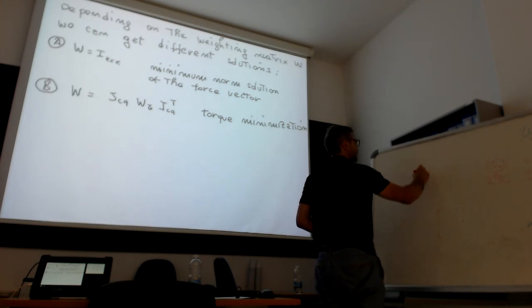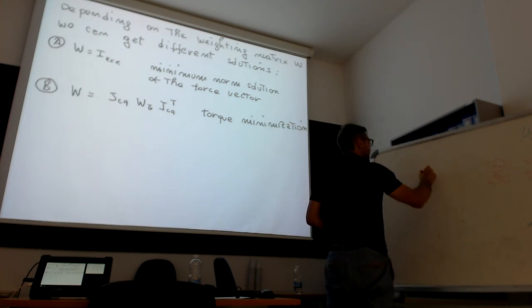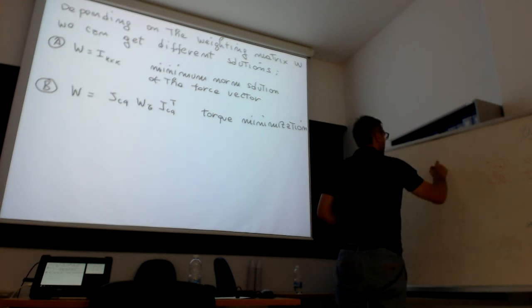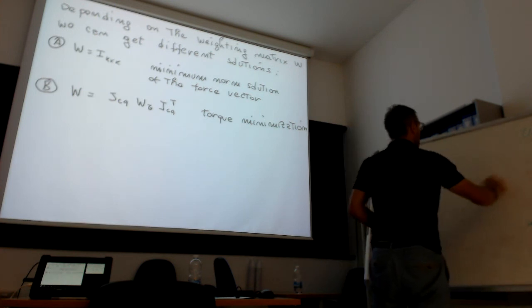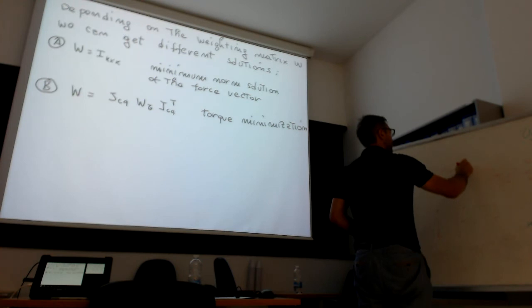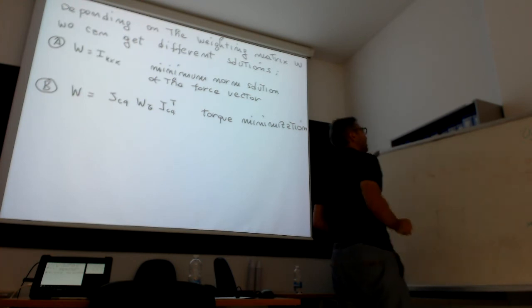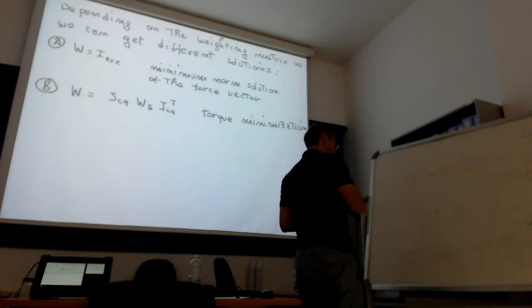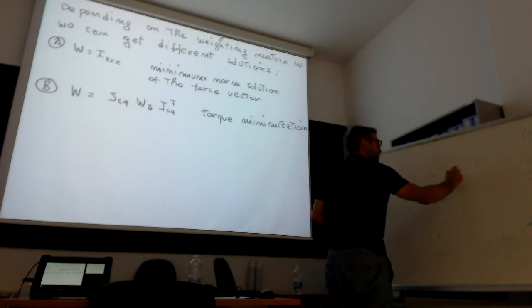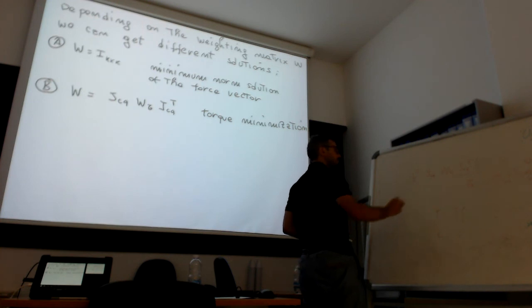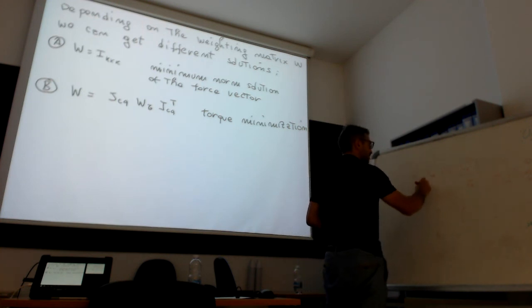F transpose J_C Q or J omega tau, W tau, J F. In this case, you see that this is tau, and this is tau transpose.